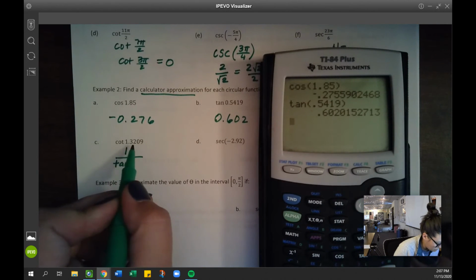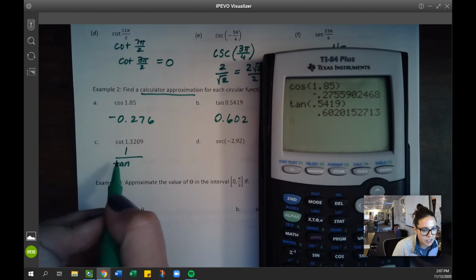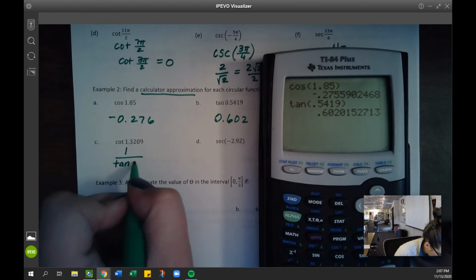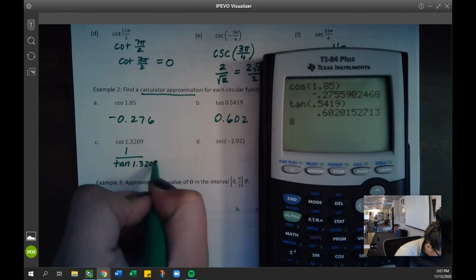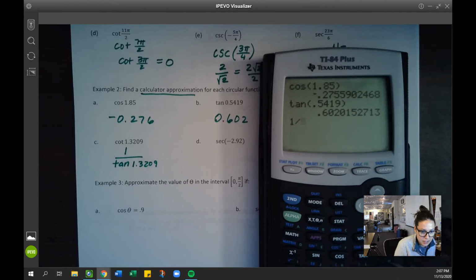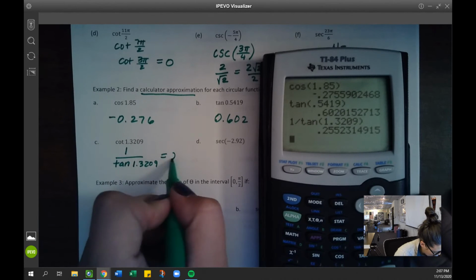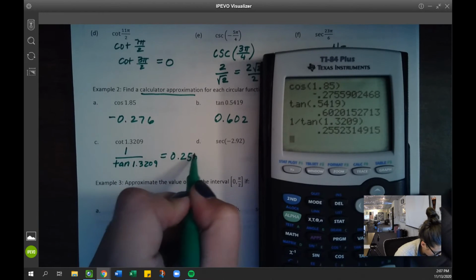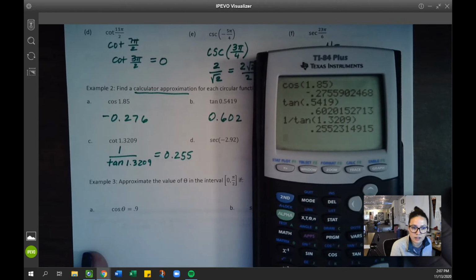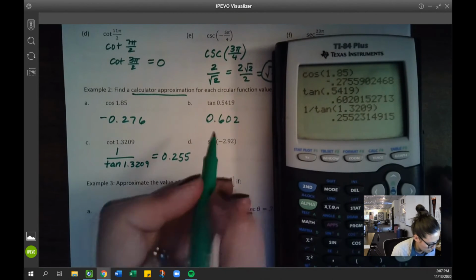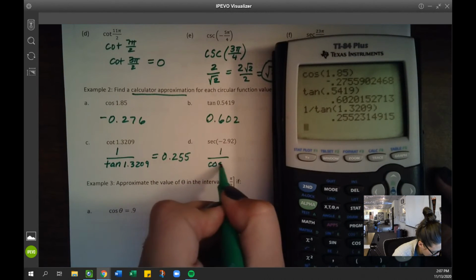So cotangent of 1.3209 is the same thing as 1 over the tangent of 1.3209. So that's exactly what I'm going to type in. And that gives me 0.255. Secant is the reciprocal of cosine.